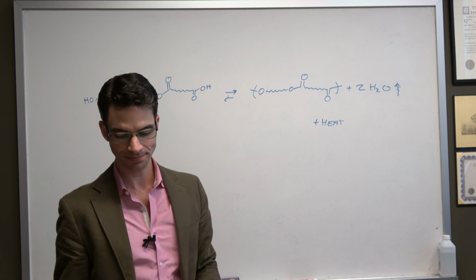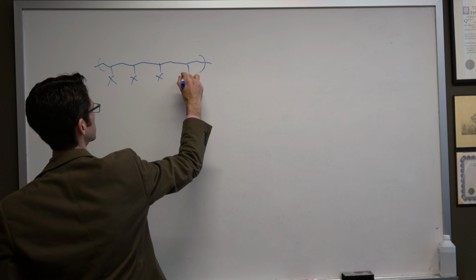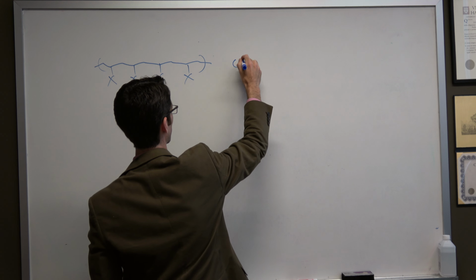Okay, the next question is, can you tell if something was made by step growth or chain growth just by looking at the product? For the purposes of exam 1, yes, but in general, that's half true. So for the purposes of exam 1, anything that looks like this, where these bonds can be bonded to anything, this is almost always chain growth.